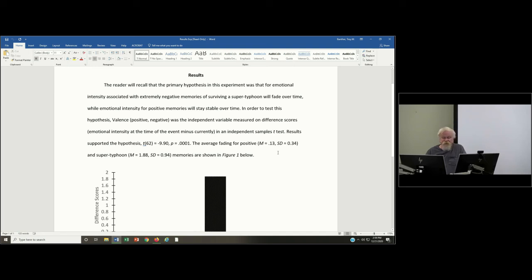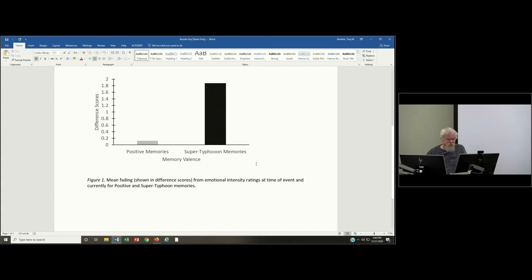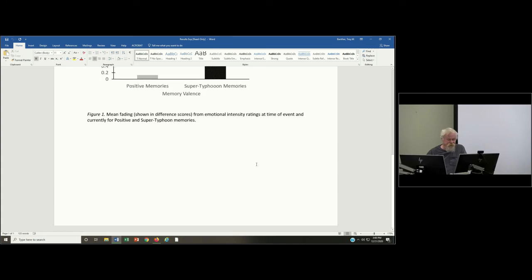I reminded the reader of that phenomenon. Let's say we predicted that there'd be more fading in the memories associated with the super typhoon than in positive memories, and that's what we found. And now we're ready to write the discussion for this paper.